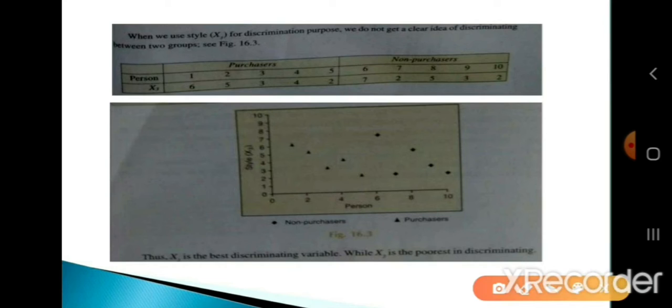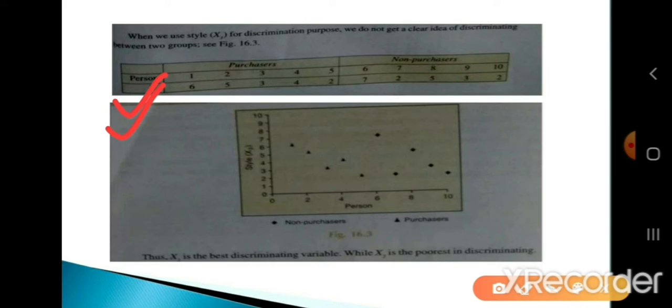Again, we take the mean, also called the cutoff score, as 5.5. These are the two misclassifications. If we remove these two, we can easily classify between the purchaser and non-purchaser group. Clear? Third, we take the third parameter, that is our style, x3.